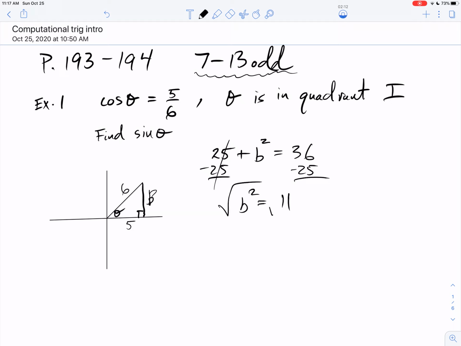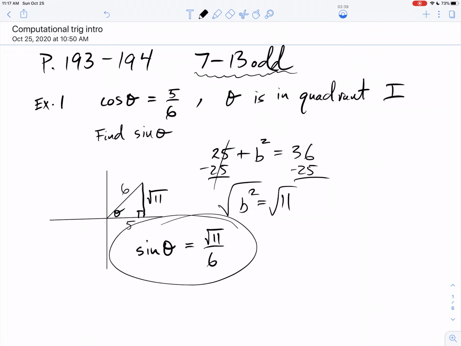I got a root, so this missing piece, I'm going to erase that b anyway, and I'm going to say you are the root of 11. So if I wanted to find the sine of that thing now, that's easy peasy. The sine of theta would be equal to root 11 over 6. Done deal. My question has been answered. Me gusta the answer.